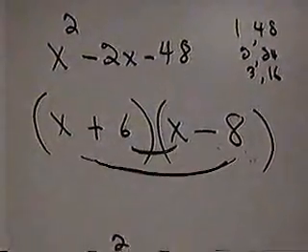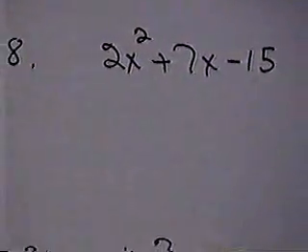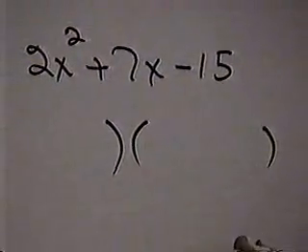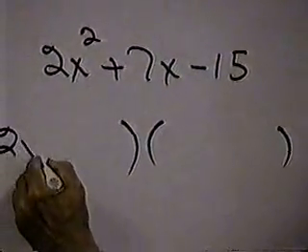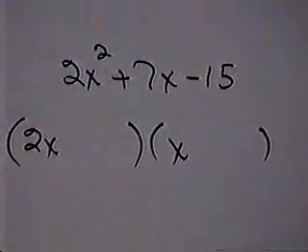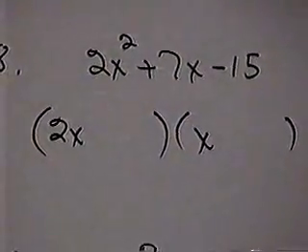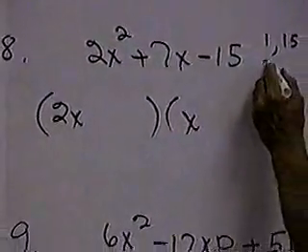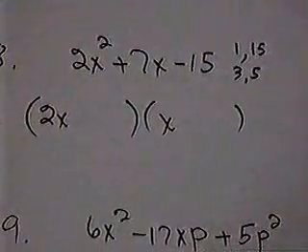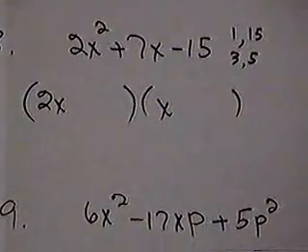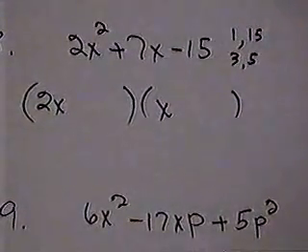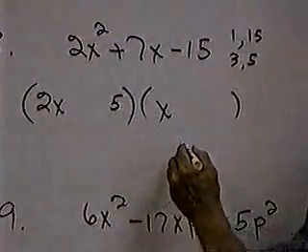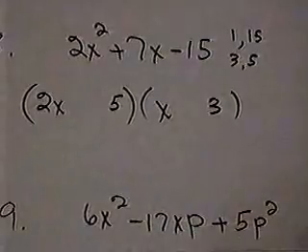All right, number 8. Okay, number 8, we now have a number in front of the x squared. So this will then be 2x and x. Now the factors of 15 are 1 and 15 and 3 and 5. So I'm going to do it wrong a few times just to see all the possible things that can happen. All right? So let's put the 5 here and the 3 there.